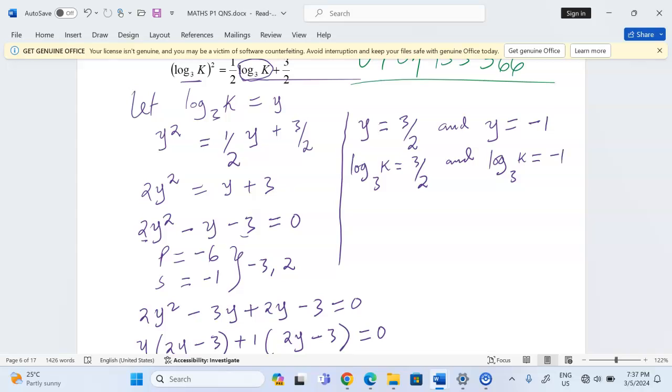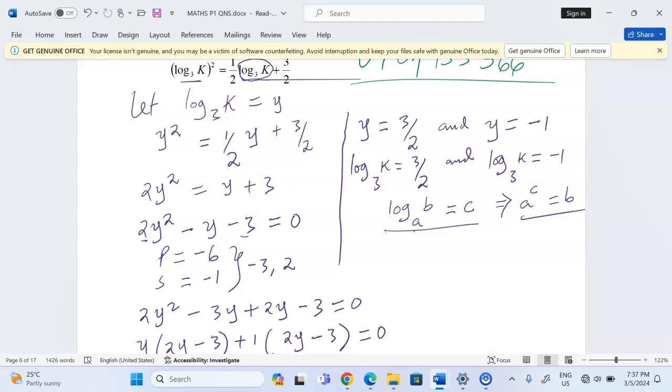We know very well that these are logarithm equations, and they can be changed to index notation, whereby generally we say the logarithm of b to base a equals c means that when we take a power c, we're supposed to get b. So this is the logarithm equation changed to index notation.